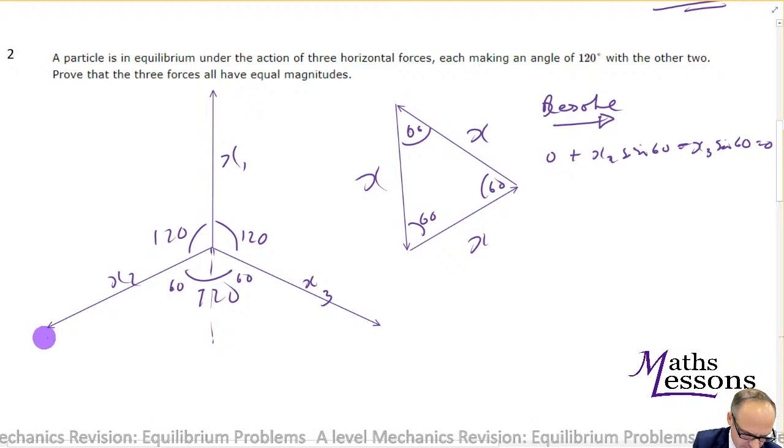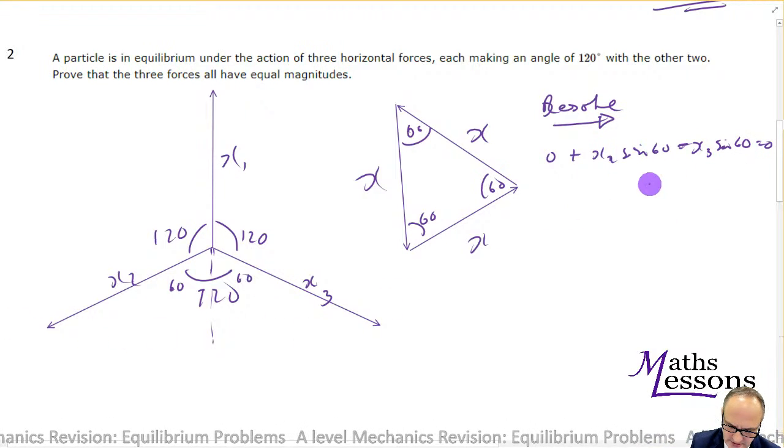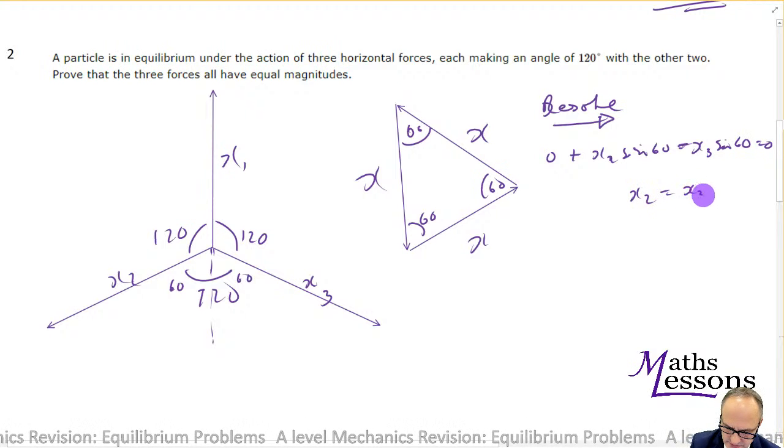Because if we make x2 the positive direction, and this is the negative direction, then these are going to be equal, and therefore x2 must equal x3.